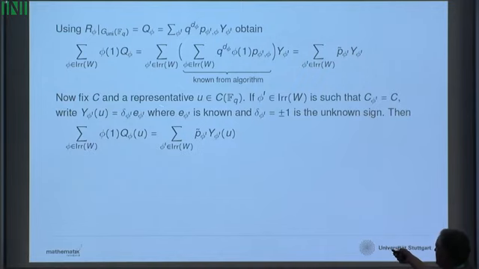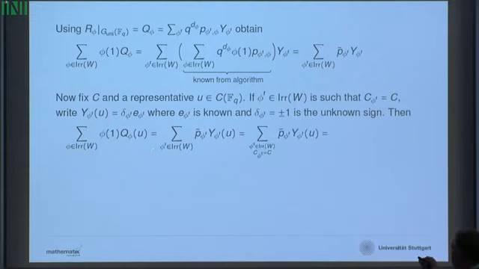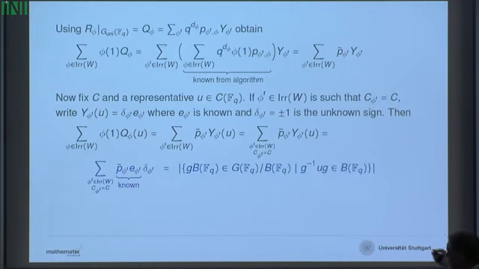Now, since u is in C and the Y functions only have non-zero values on the class C, I can restrict this sum to all phi prime which belong to this class. So we get this. All the ingredients are not so important, but the important thing is a linear combination of these signs with something which is known. And this is the value of the permutation character. And the permutation character just counts all cosets such that g inverse u g is again in the Borel subgroup.